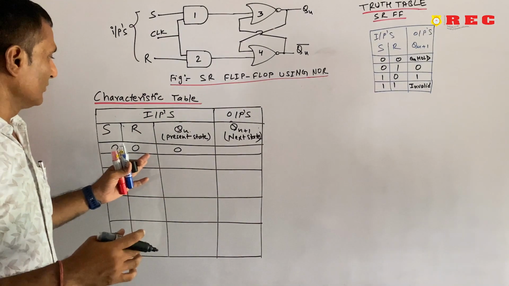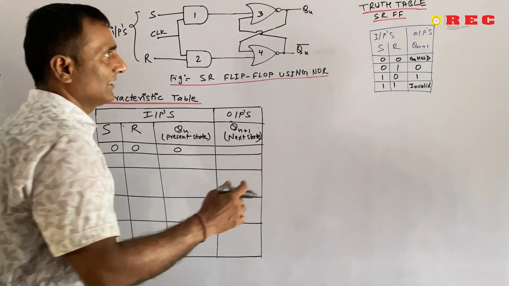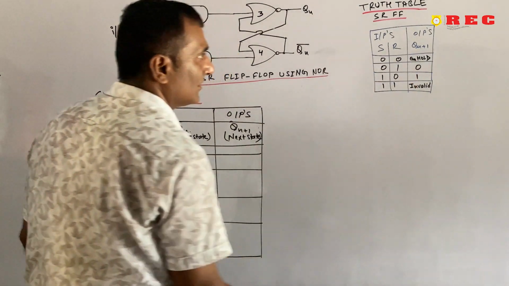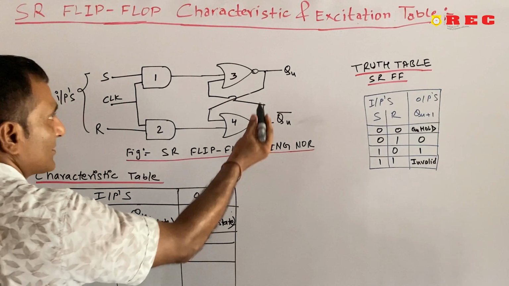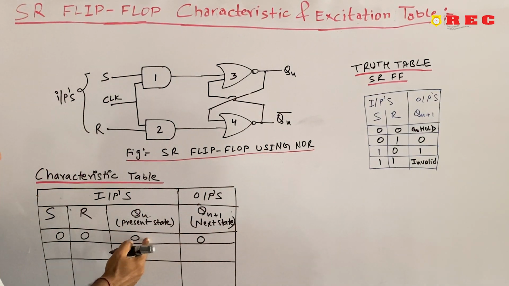So we already know when S is equal to 0, R is equal to 0, by the help of this table, we have already known it will be in the hold state. So whatever was the past, 0 was initially, so the 0 is here.